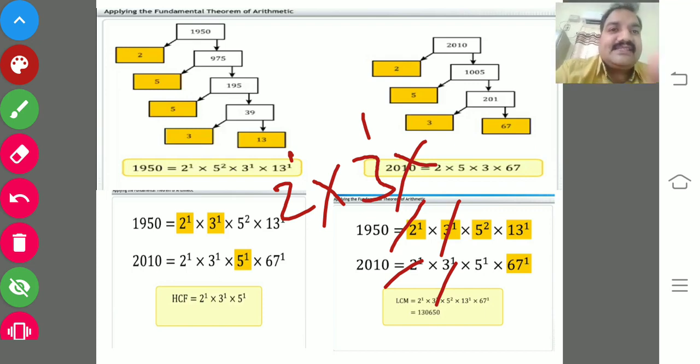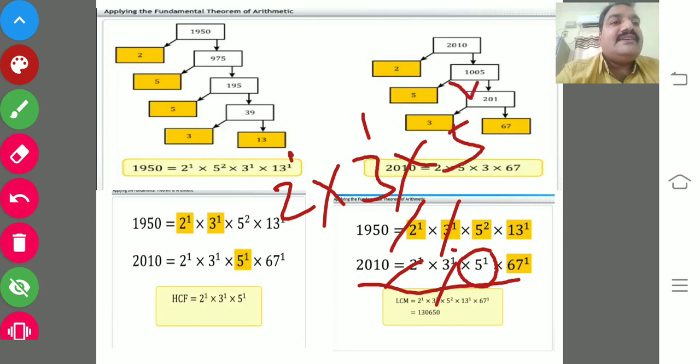The thing is coming to the 5. In 1950, 5 is repeated 2 times as a product, but in 2010, 5 is repeated only one time. So in the LCM case you take the highest power, 5 square, highest occurring; that is very, very important.